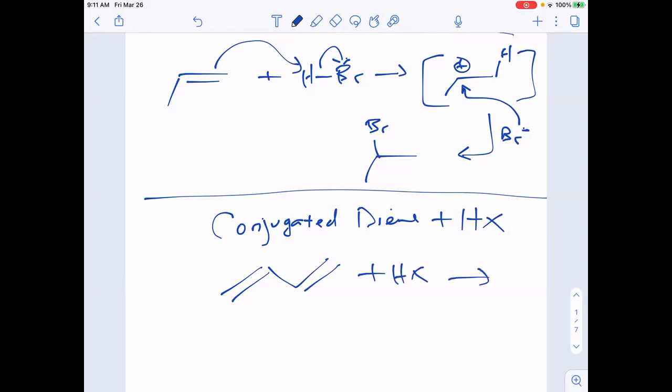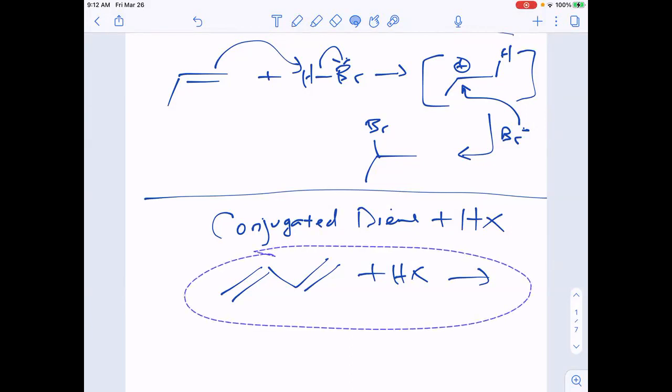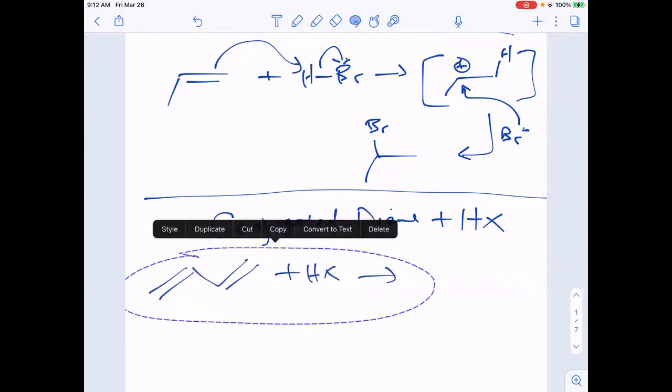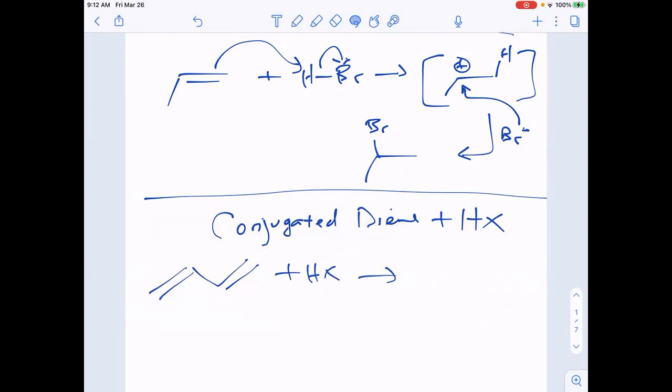You're going to get two products. Somebody tell me what those two products are. If you watched that video I sent you, what two products are you going to get from this reaction? Anybody? Is it a kinetic and a thermodynamic? Yeah, you're right. You're going to get the kinetic and thermodynamic product.